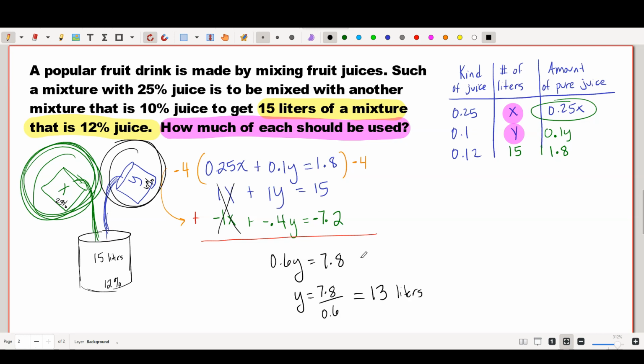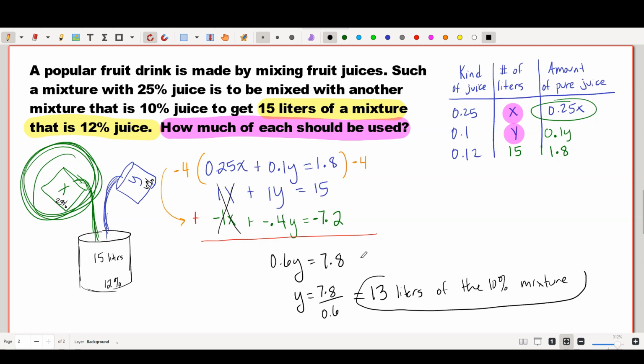Basically this 10% mixture right here, we're going to use 13 liters of that. We're going to dump 13 in. So we'll say 13 liters of the 10% mixture. Okay, so that's part of our answer.